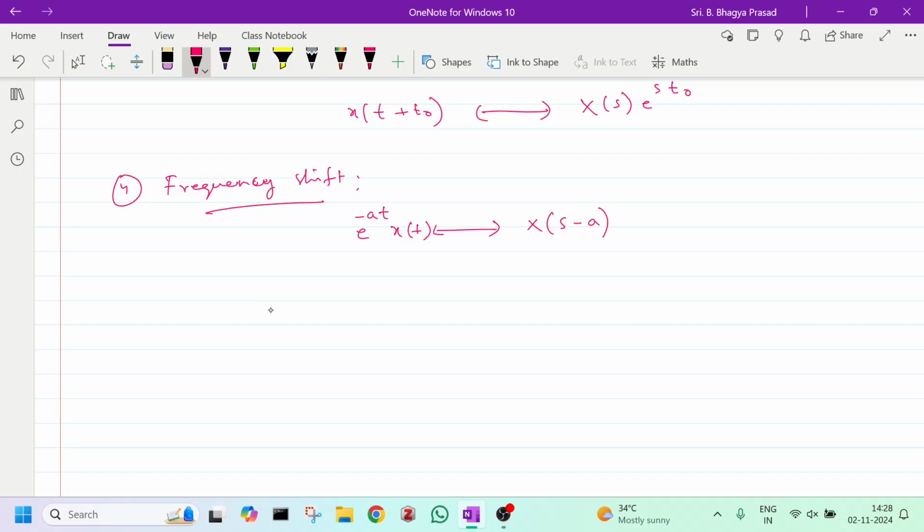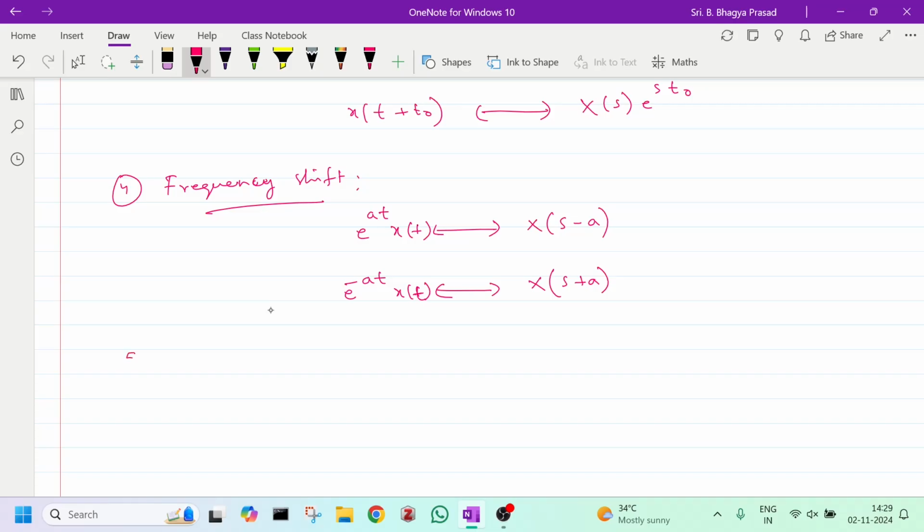X of s minus a, its signal will be e power at x of t. The same, if you observe s plus a, you will get x of t multiplied with e power minus at. Okay, and here a is some constant that observed the shift in the frequency domain.